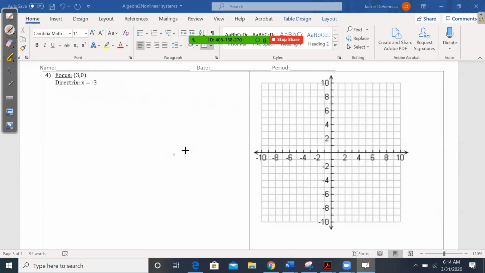There's no vertex right over here. So let's plot the points. You have this (3, 0), and then I have a negative 3. That's my directrix.